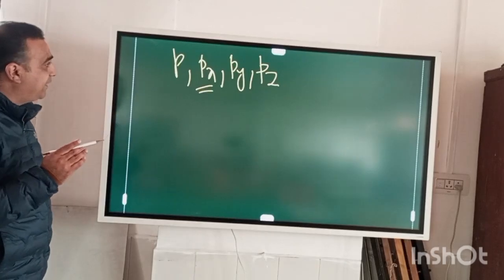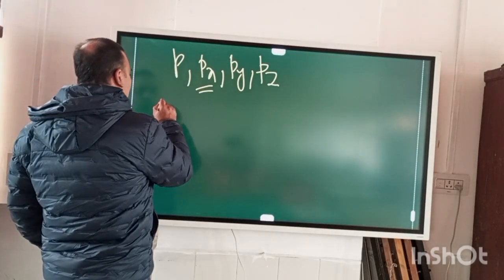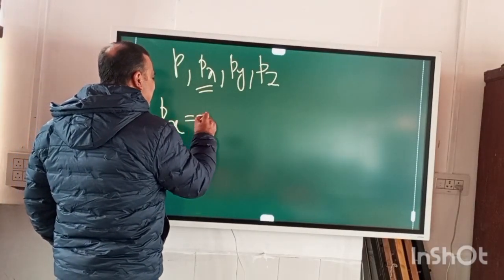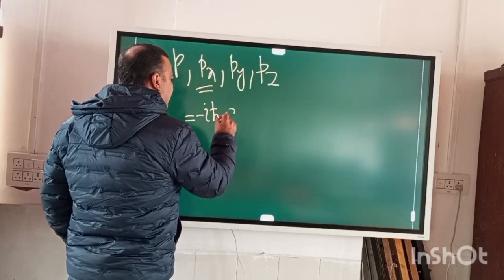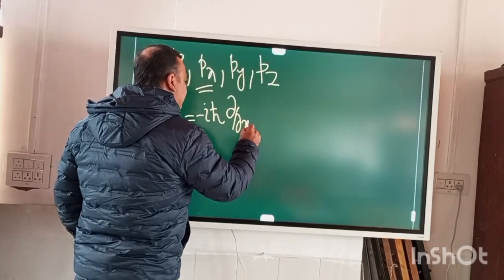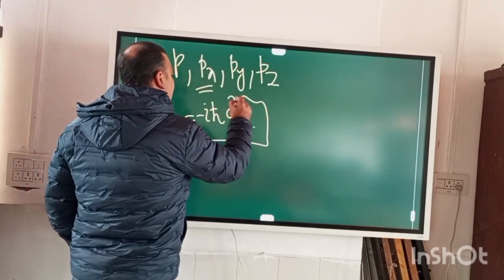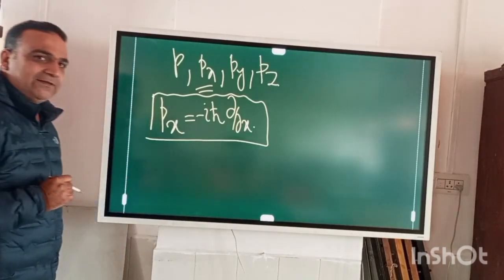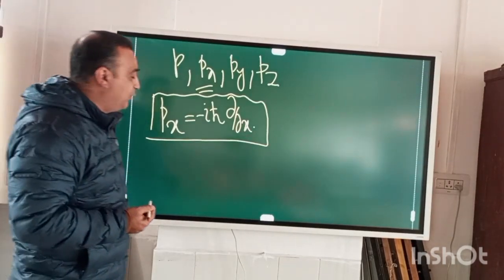So that should be our target, and let's start with this. px is minus i h bar dou by dou x. This is the momentum operator, the x component of the momentum operator.